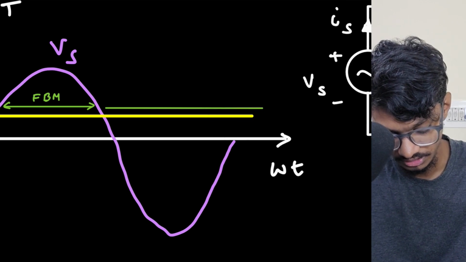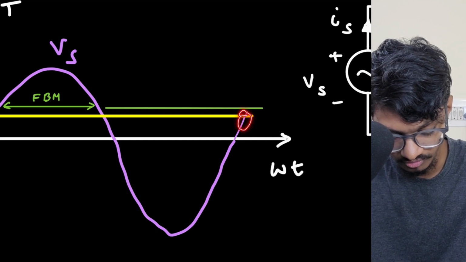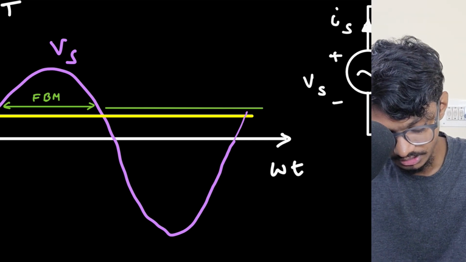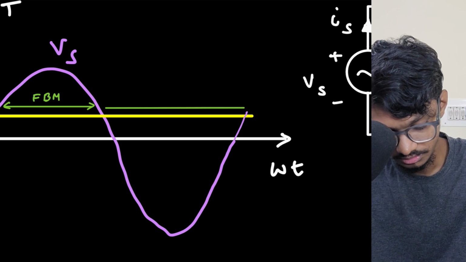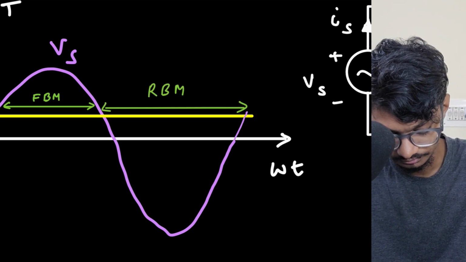If I observe it carefully, this will become more, but after this point, the overall voltage becomes positive. Before this, the overall voltage is negative only. So this will be my region of reverse blocking.